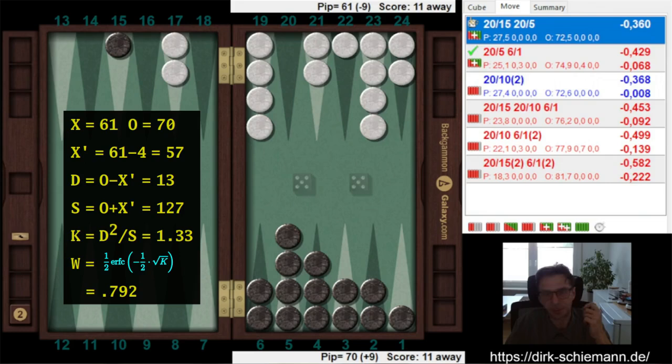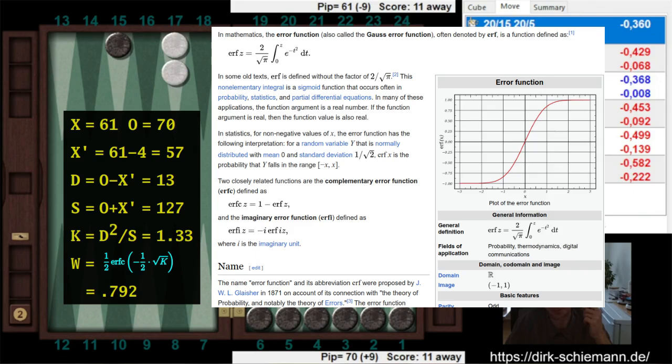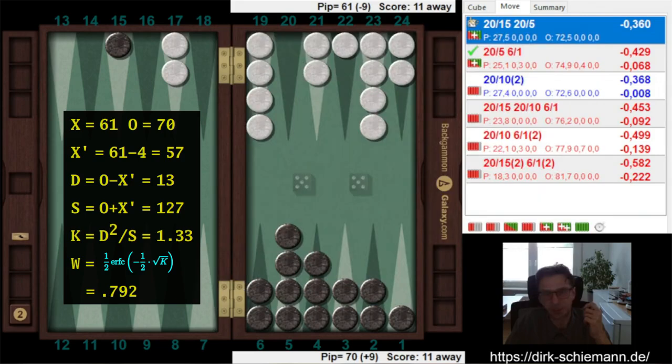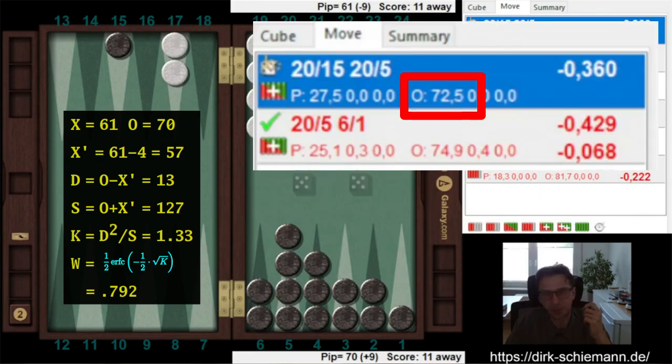Divide D squared by S to get K, 1.33 in this case. Now, take the square root of K, divide by -2, and compute the complementary Gauss error function, ERFC. Then divide by 2. Voila! 79.2%. 7% away from the true value.